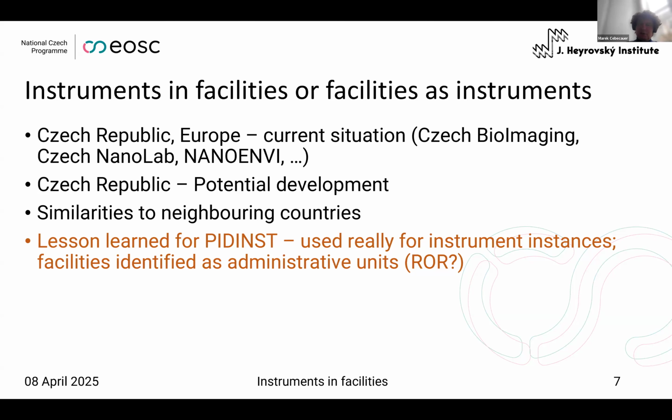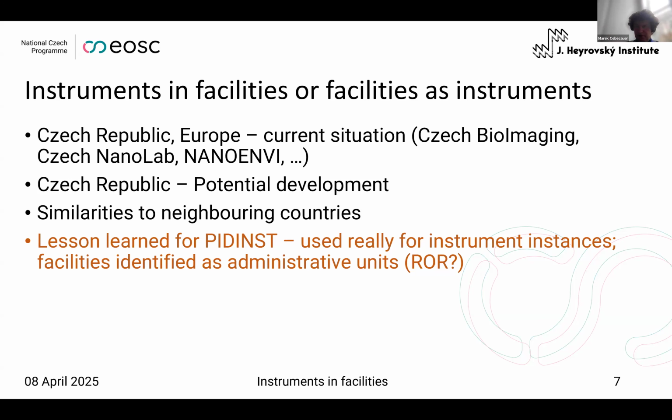In our community, we use PIDs for specific instances of instruments, or in the future detectors, which are associated with a large piece of equipment. And then if we want to identify a facility, for example in a provenance record, we need a certain way of referring to the facility, which we still think ROR may do best, or something similar, some identifier which is more similar to ROR than to PIDs in this case.